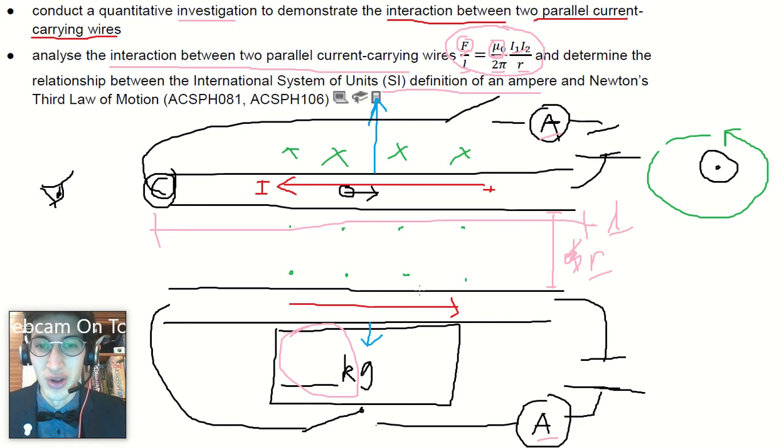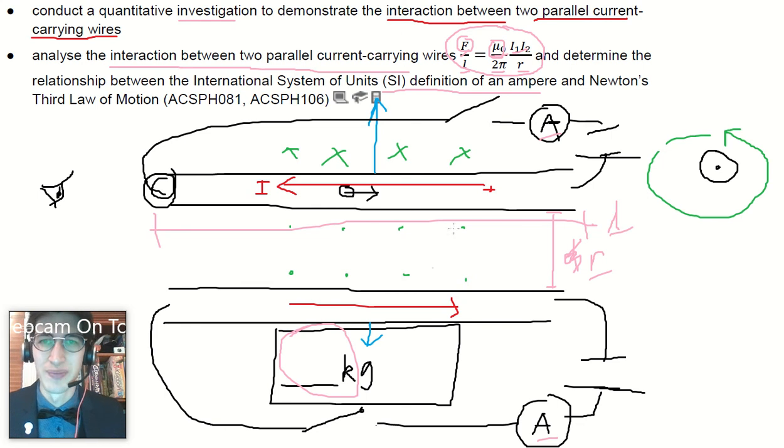Now it's based on the amount of charge per second that passes a point, an exact amount of charge. And so I don't think there is a relationship between the SI definition of an amp and Newton's third law of motion anymore. But it's useful for you to know how both of them work.